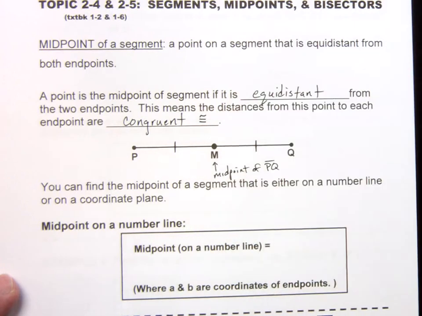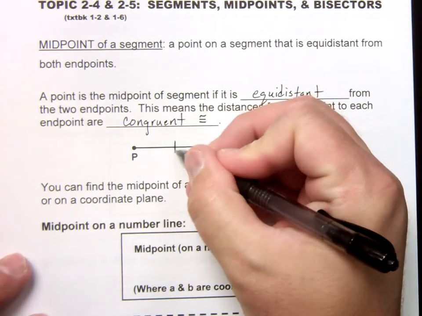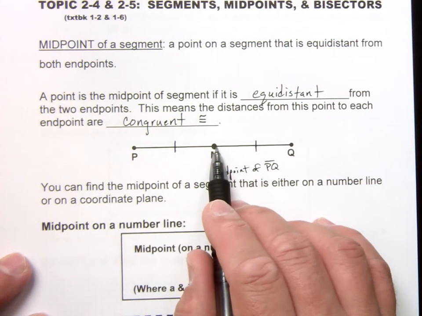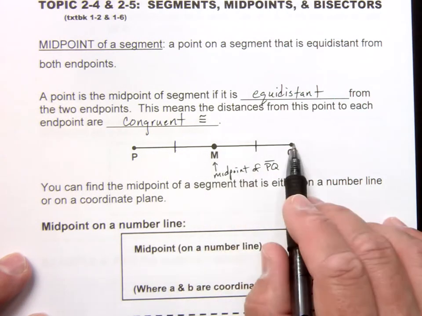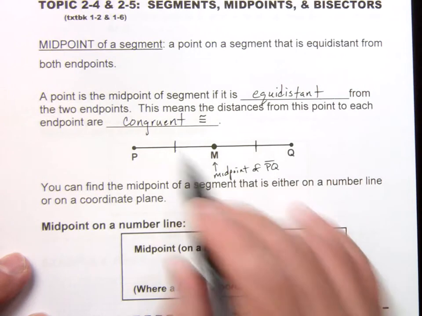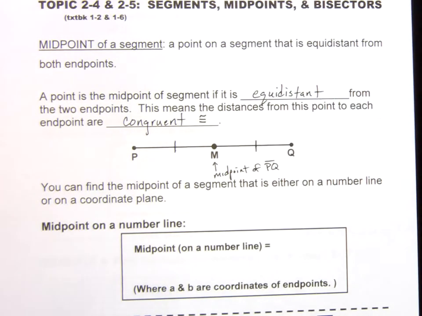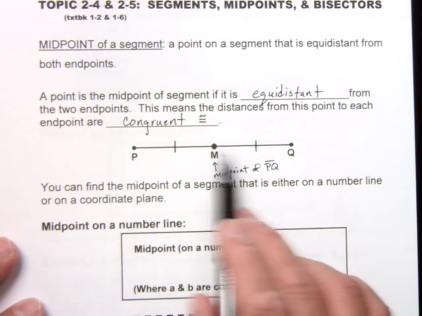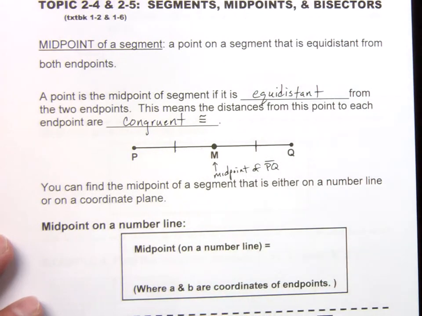These are called tick marks or congruency marks, and we put those marks on segments when they're congruent. So when they mark line segment PM with this mark, and they put this mark on line segment MQ, they put the same mark on two things. They're saying that those two things are congruent to each other. So if this segment and this segment are congruent to each other, that means M is right in the middle, which makes it the midpoint.